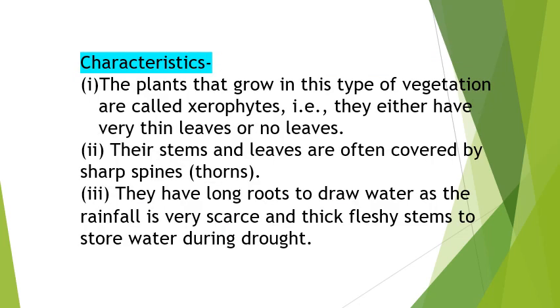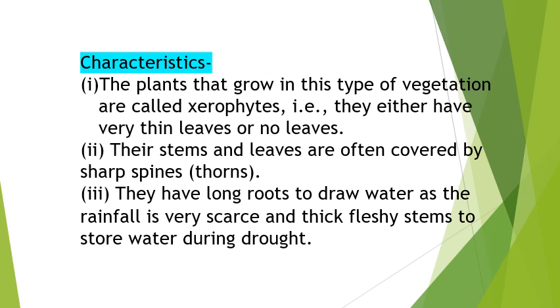The characteristics of desert and semi-desert vegetation. So the first point is that the plants in this area which grow are called xerophytes. So the word xeros means dry or desert-like, and phytes from the word phyta meaning plants. So xerophytes are actually those plants which are adapted to drought-like conditions or desert-like conditions.